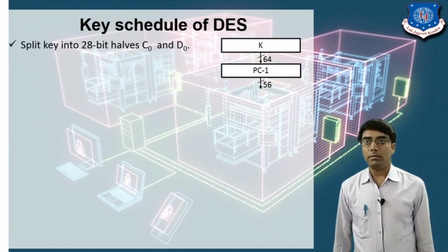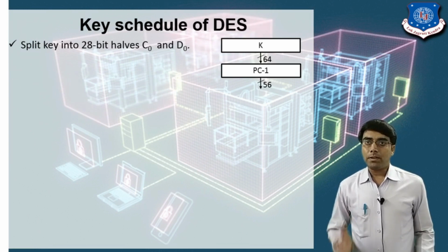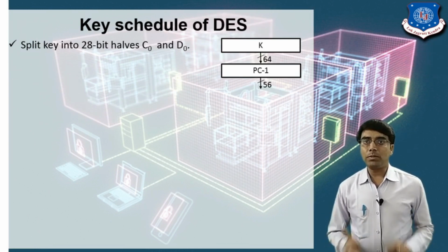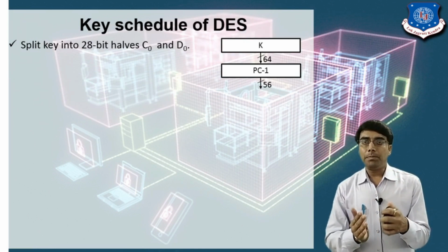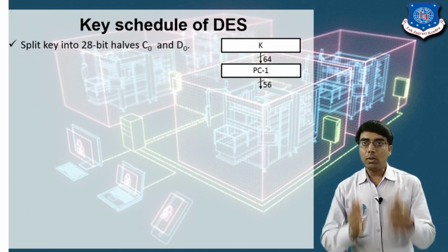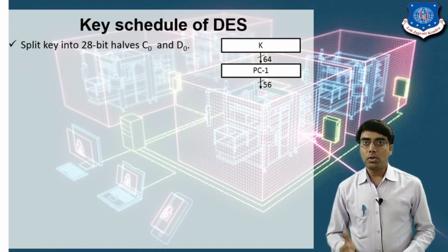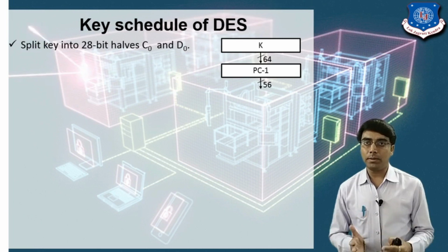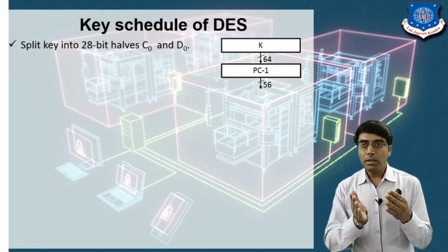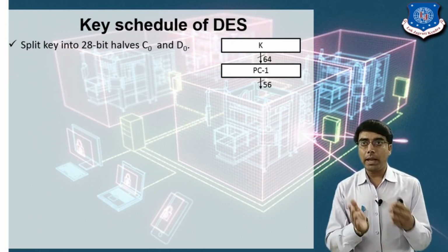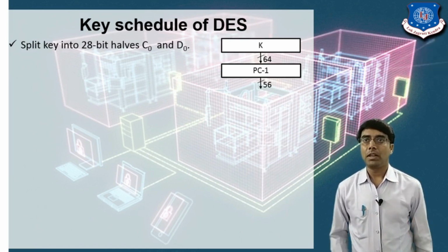Let's see. First of all, as you know, the size of the key is 64 bits. After applying permuted choice 1, it will generate the 56-bit key. In permuted choice 1, we discarded the 8 bit positions, so now you will get the 56 bits.